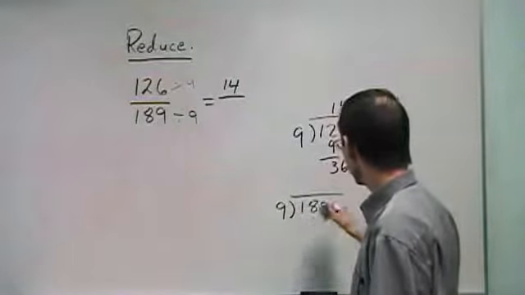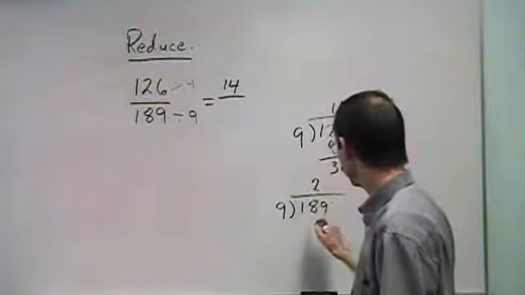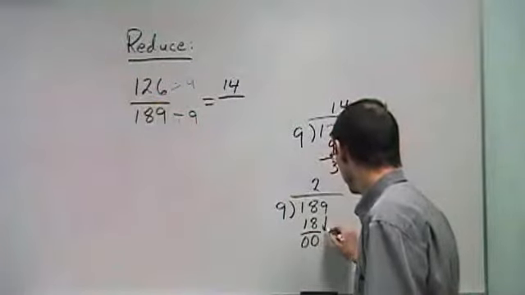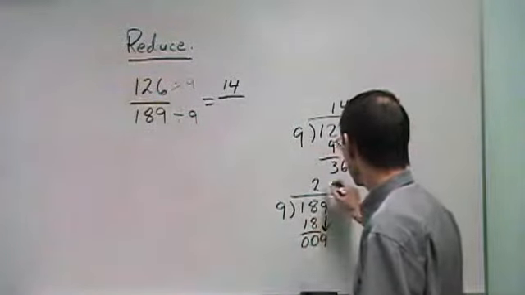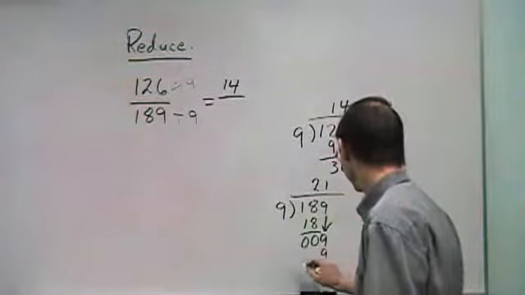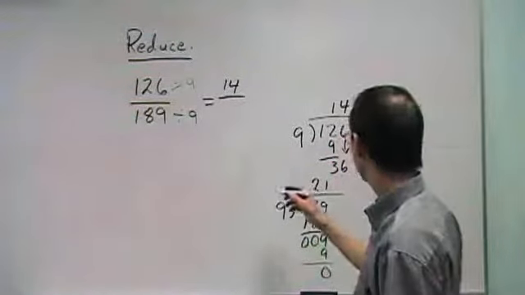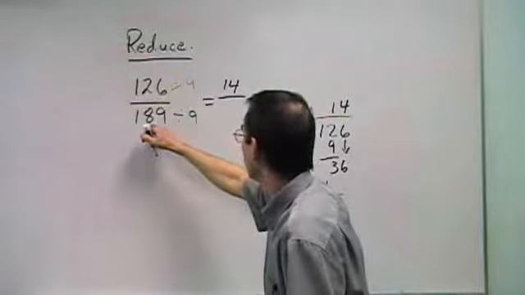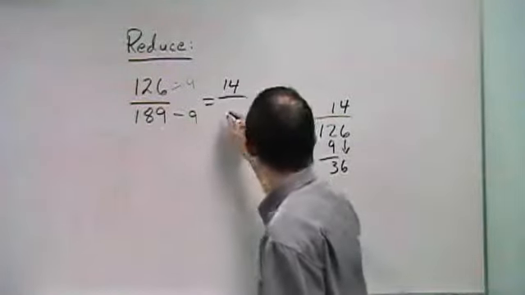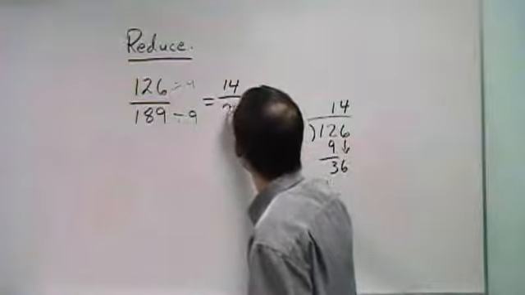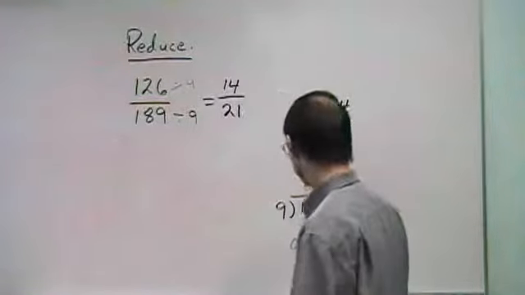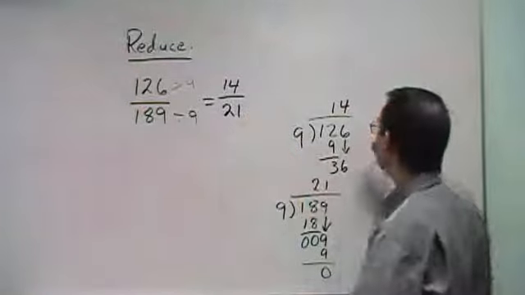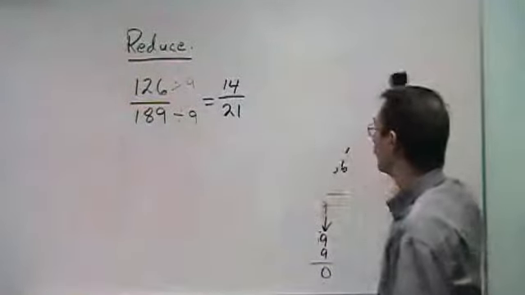Well, 9 goes into 18 twice. Bring down the 9. That goes in once. So 189 divided by 9 becomes 21.